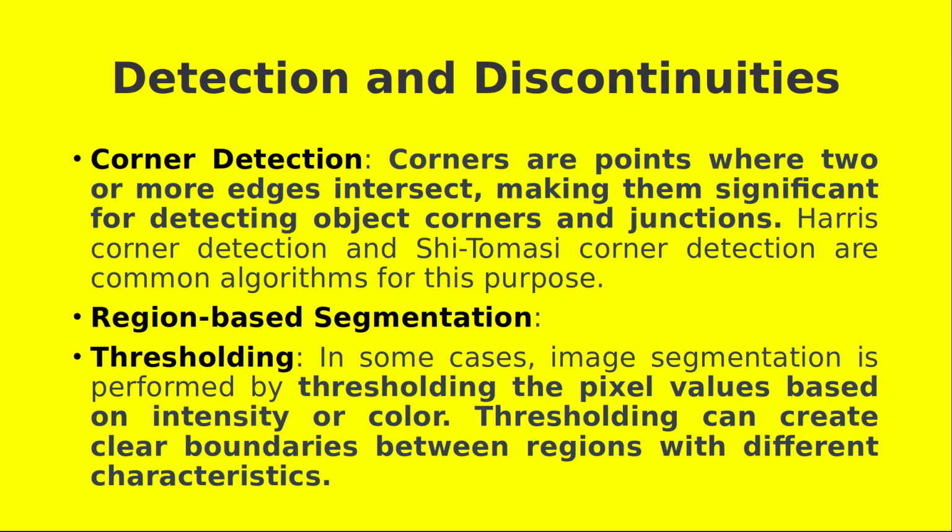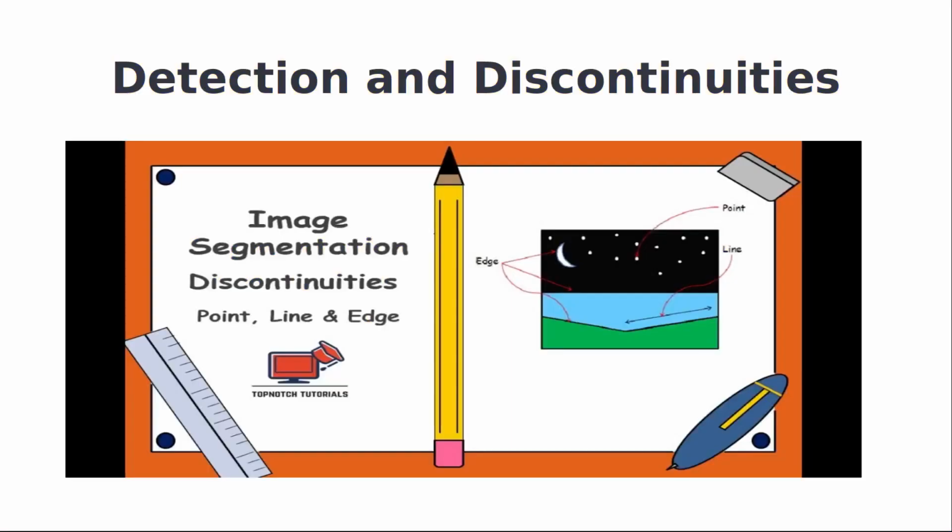Now we move to region-based segmentation. Thresholding: image segmentation is performed by thresholding the pixel value based on intensity or color. So the image is divided based on intensity or color. A thresholding value can create a clear boundary between regions with different characteristics. Here this is the diagram.